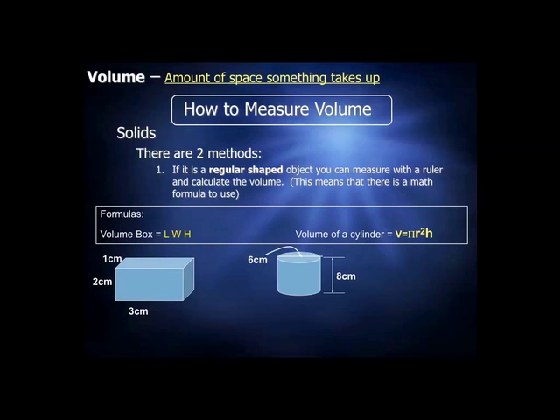And for our purposes, we're going to be measuring and calculating volume in a couple different ways. The first way we'll talk about is to calculate it mathematically. We generally only use this for regular shaped solids.